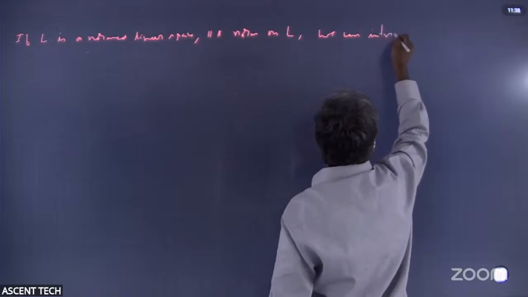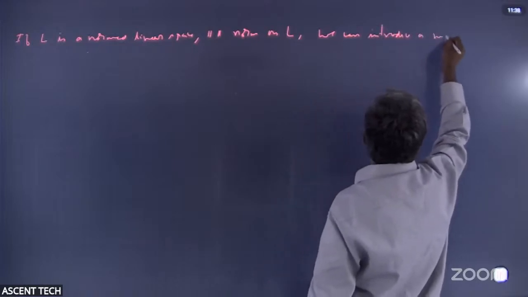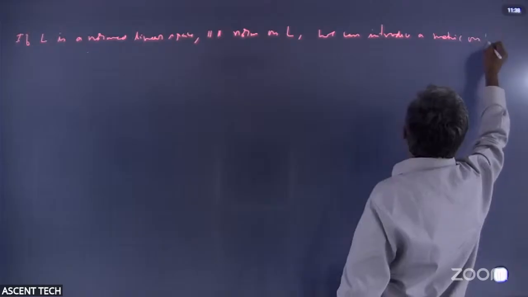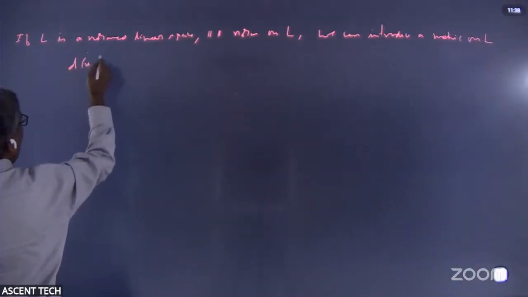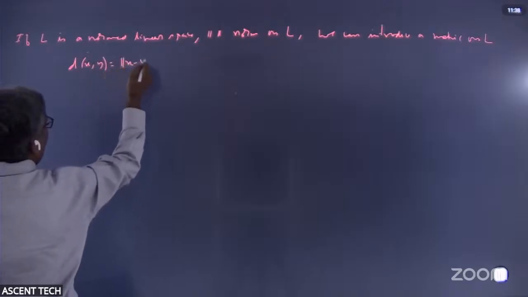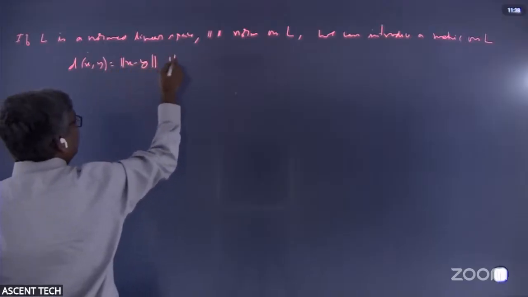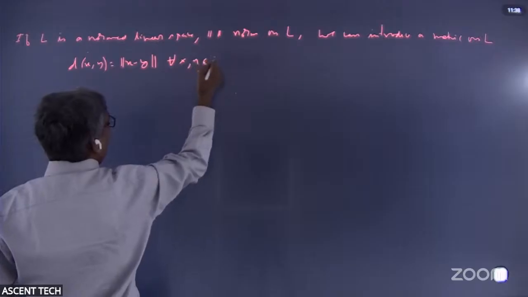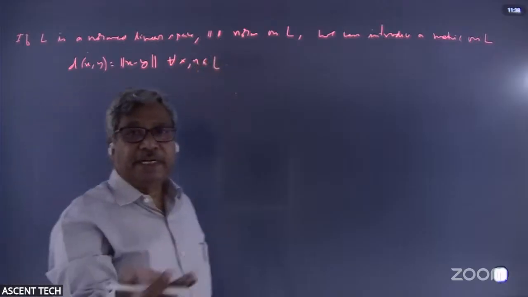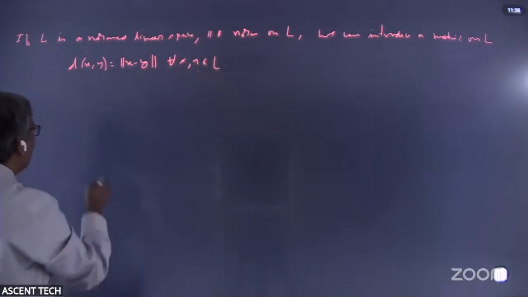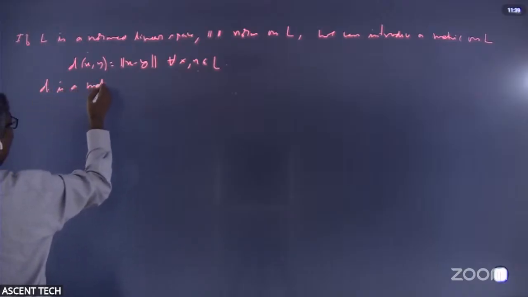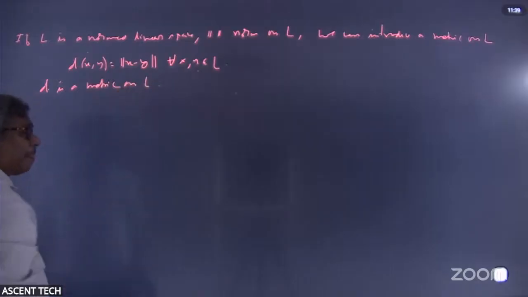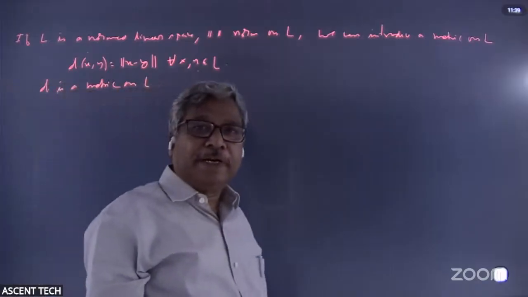You just have to say the distance between x and y is norm of x minus y for each x and y in L. You can see that d becomes a metric on L.